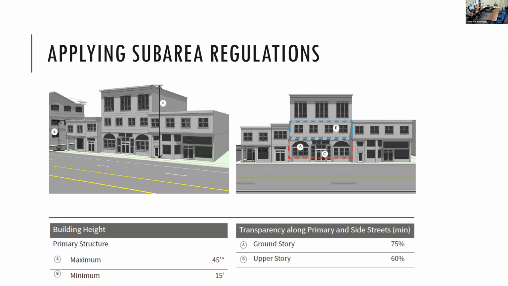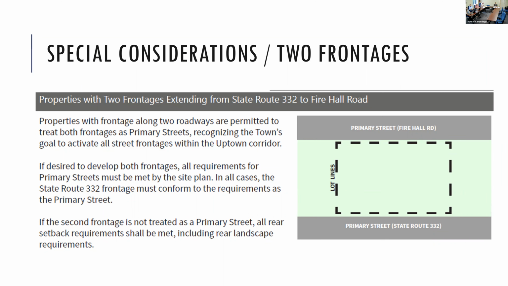The next slide, the 332 sub area is a little bit unique in that a number of the properties that are fronting on 332 also have frontage on Fire Hall Road.